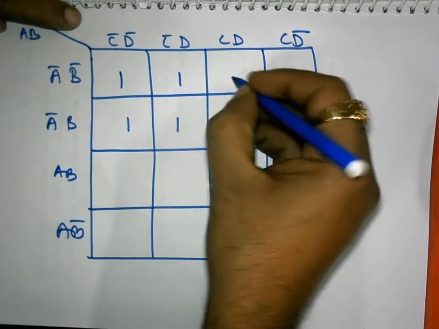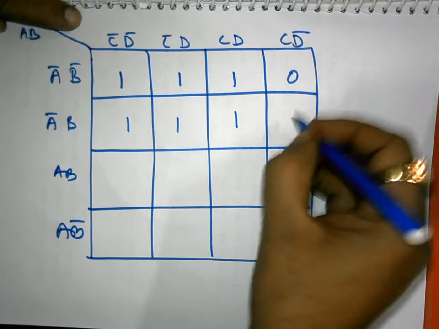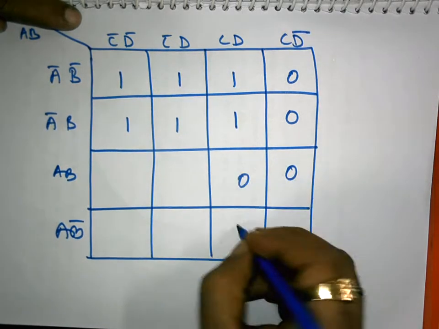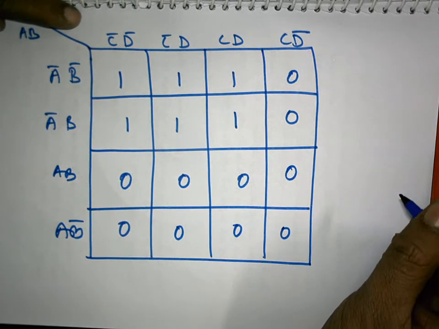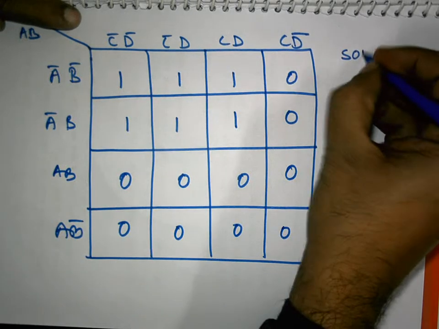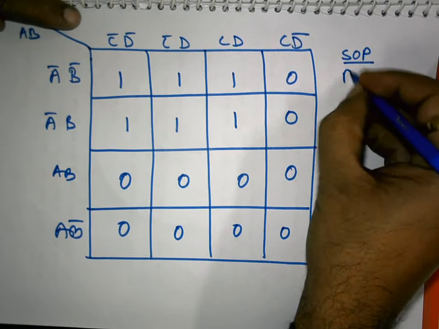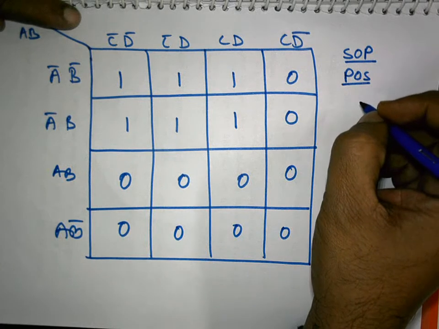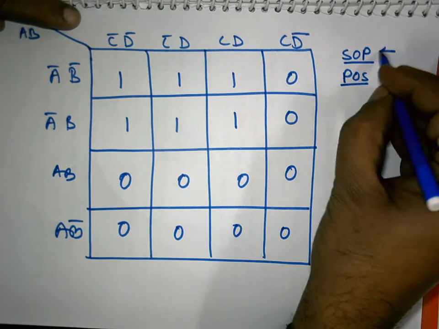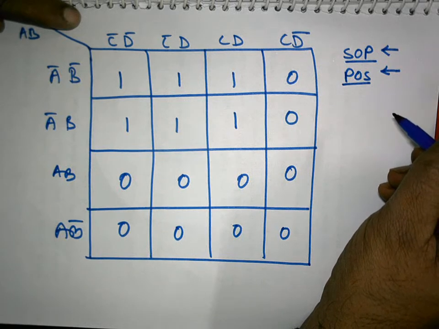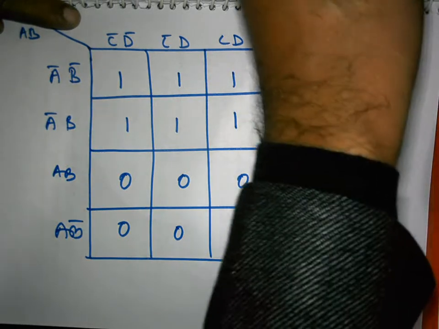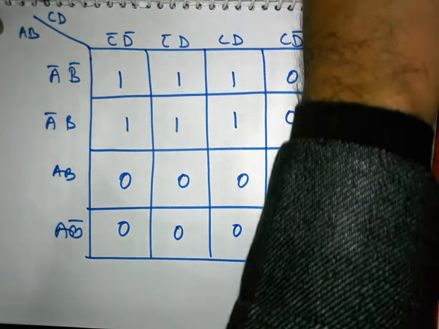This map is presented this way, and 0 in the rest of the cells. So you have to design it using the sum of product method and using the product of sum method. You have to make the design of this circuit both ways, and then comment on the complexity of the circuit: which realization is more complex, and which realization is less complex. So let us proceed. We will first realize the circuit for F.